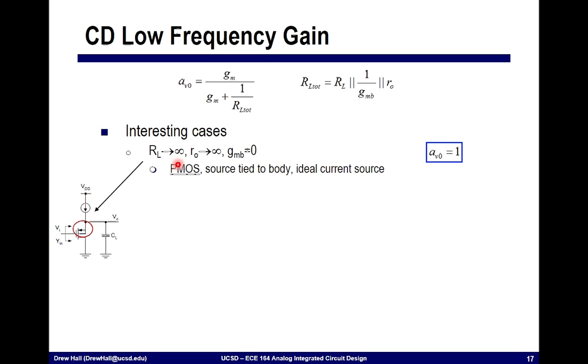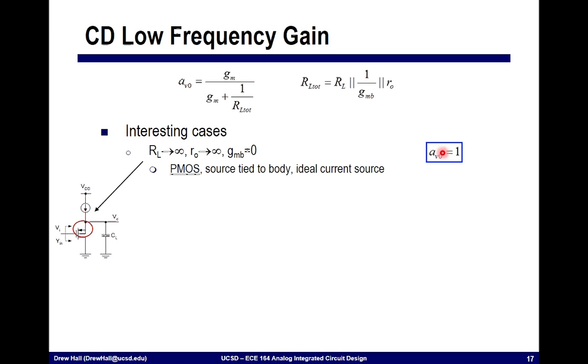We see a couple of interesting cases. One, if we take the load resistance to infinite, essentially this means that we're biasing this with something like a current source rather than a load resistor. We take the output impedance R naught and we take that to infinite. Essentially here we're just idealizing the transistor a little bit and removing the body effect, as you might do if you had a PMOS device and you connected the bulk to the source.